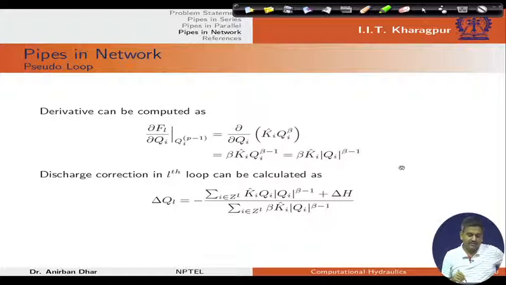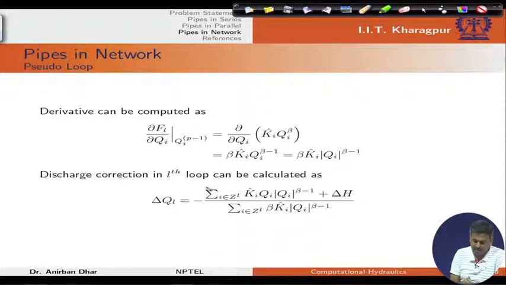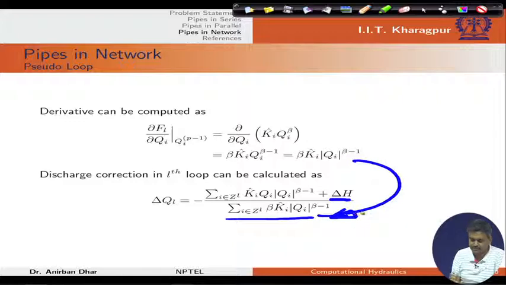So, discharge correction in Lth loop can be calculated as this is our usual head loss for pipes, and this is the difference, and divided by this, which is again coming from here. So, again we need to add this quantity for the loop, and we need to subtract it during the calculation of the neighboring loop.